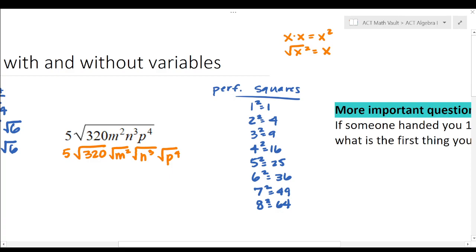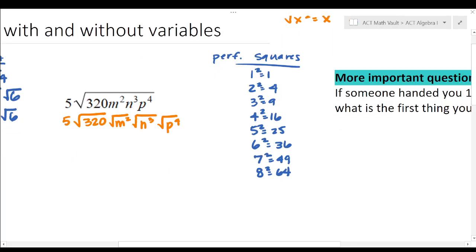What I love doing with these radicals is fanning them all out into their smaller parts, simplifying the smaller parts, and then bringing it all back together at the end. So now I've got to work on this 320. Let's see. Maybe I need to take this list out a little bit farther.